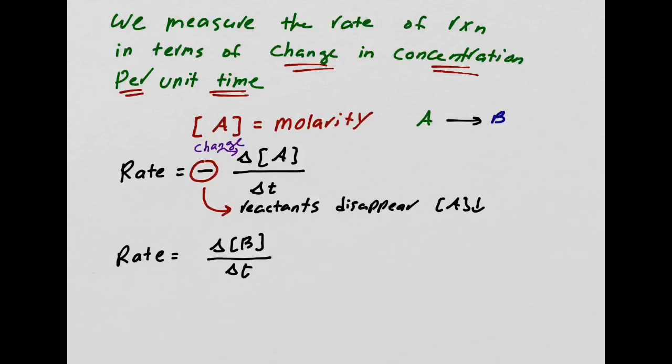Okay, so we can write a rate expression for the products, or we can write a rate expression for the reactant. And I'm going to just write this down. So these are rate expressions. So far so good. In terms of, we can write it for the reactant or we can write it for the product.